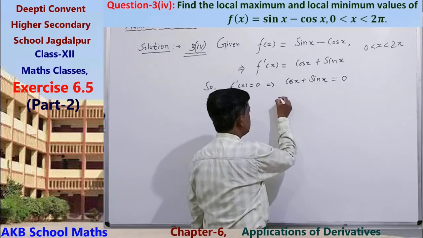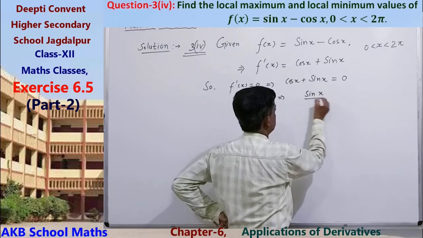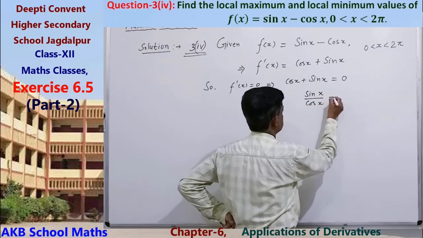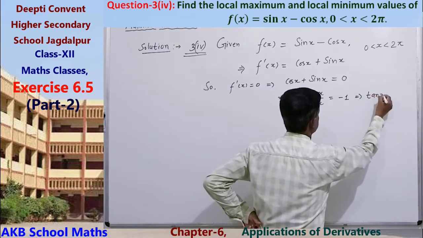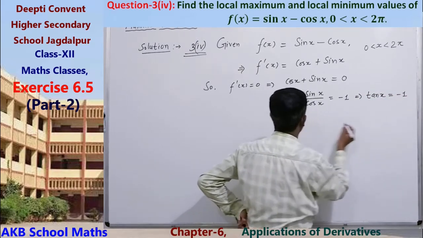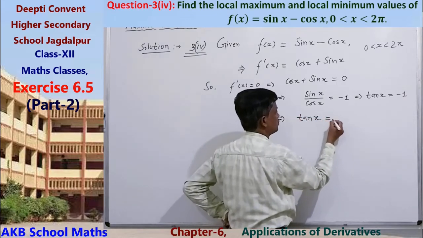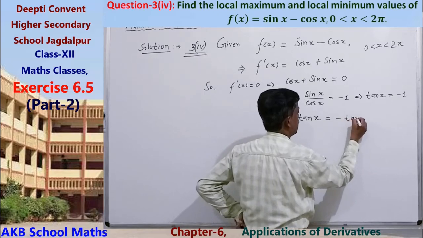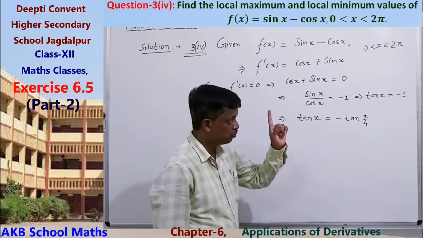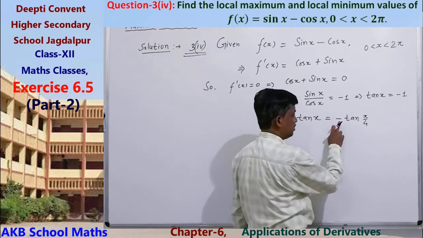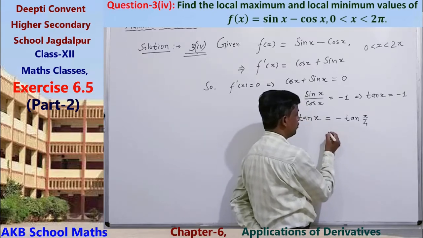Okay, solving it, we can write sin x upon cos x equals minus 1. That is, tan x equals minus 1. Now solving this trigonometric equation, we can write tan x equals minus tan pi by 4. We know that tan pi by 4 is 1, but here there is a minus sign. So how can we write this value?